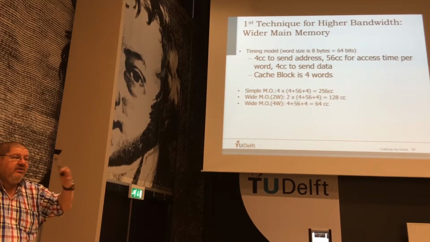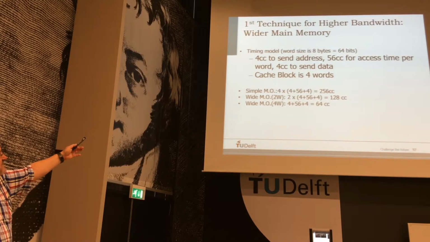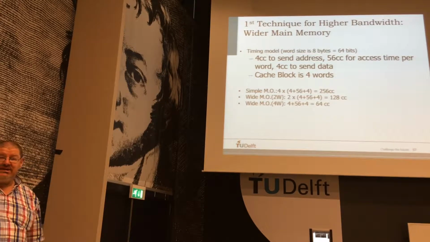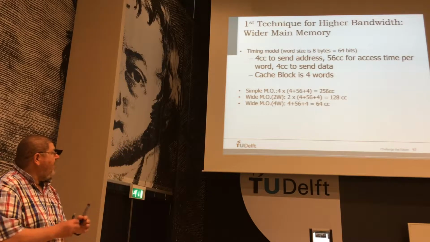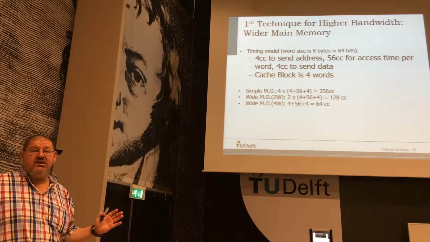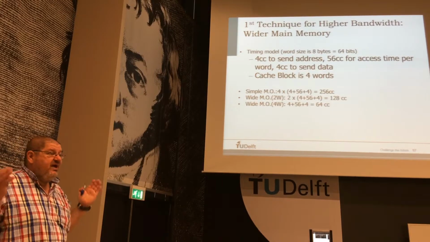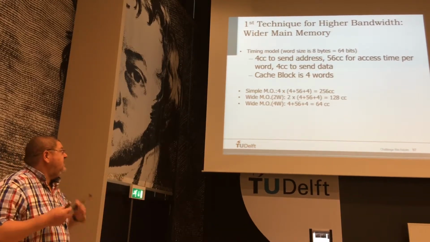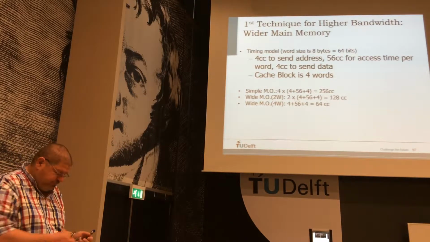Then we talk about things which are slower: 56 cycles is the access time, and then 4 cycles to get the data back. Then I do 4 times that. If I'm widening the bus, I'm doing it only twice. And if I'm widening the bus to the cache line dimension, it's just 1 transaction. It makes a lot of difference.